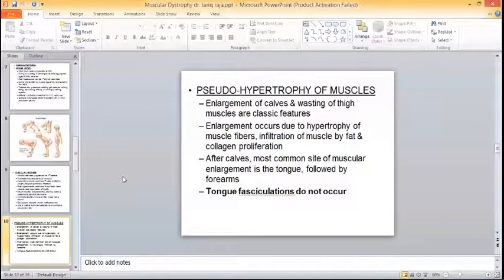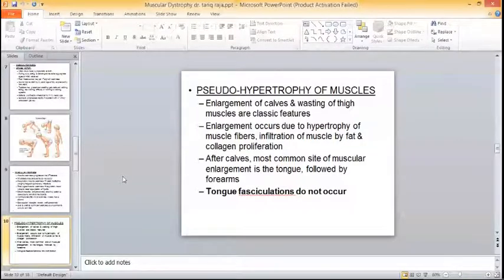After the calf muscles, the sites which are mostly involved are the tongue muscles, followed by the forearms. So it can come in a clinical scenario, it can come in MCQs, that you may be asked what the other sites are which can be involved after the calf muscles. These are the two other main sites, the tongue and the forearms.